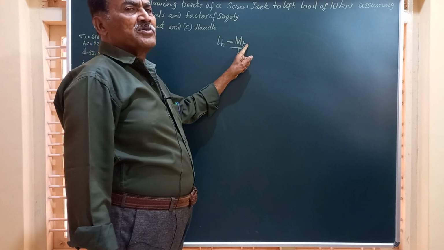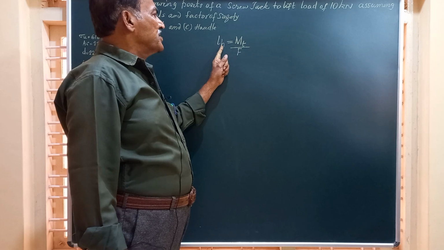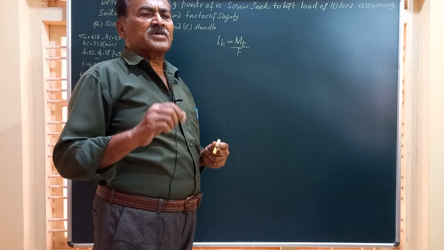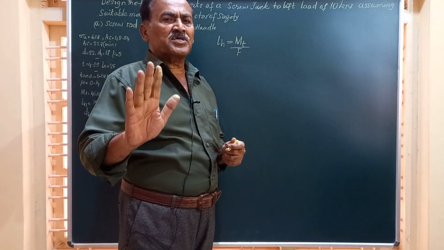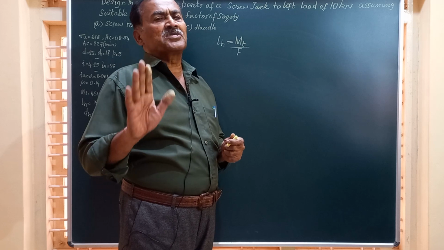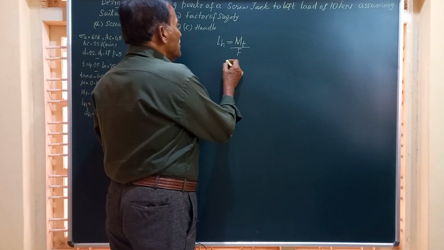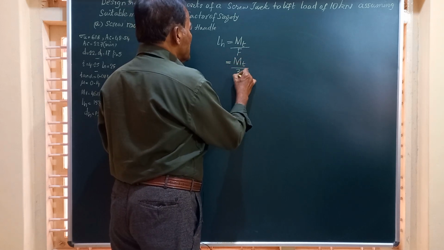Torque will have the unit Newton millimeter, and length has the unit millimeter. F is the human effort, that is, the pull an average man can apply. That will be generally 300 Newton. So I will just rewrite this as MT divided by 300.